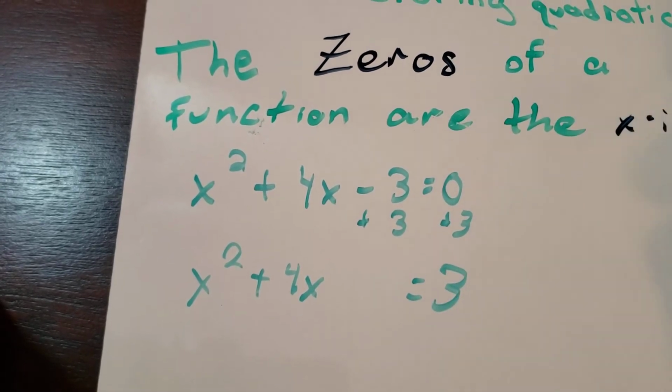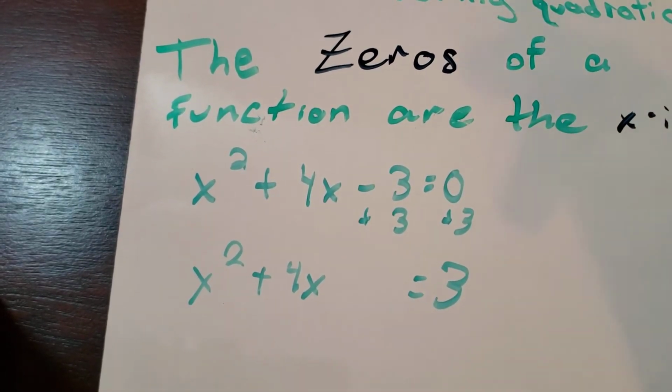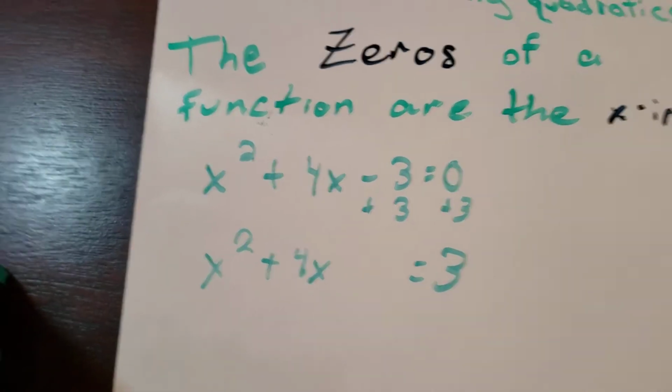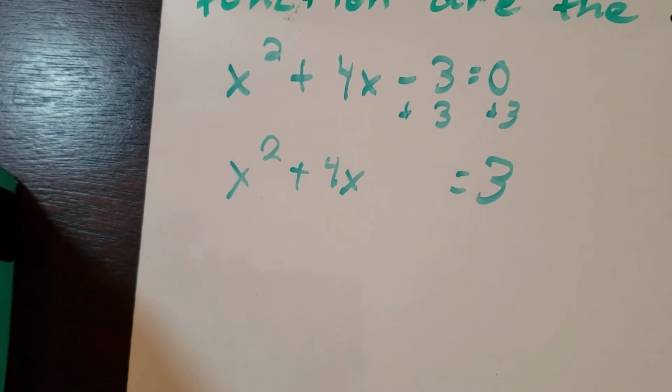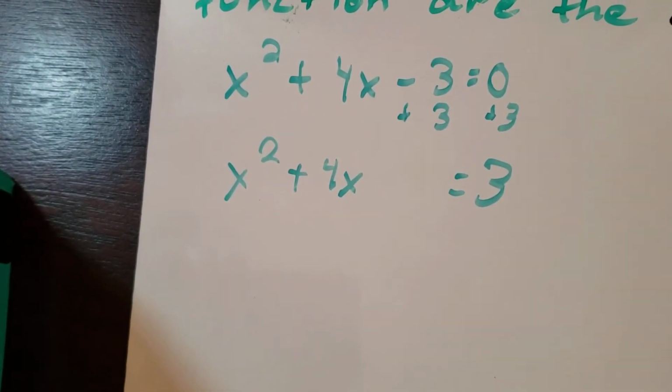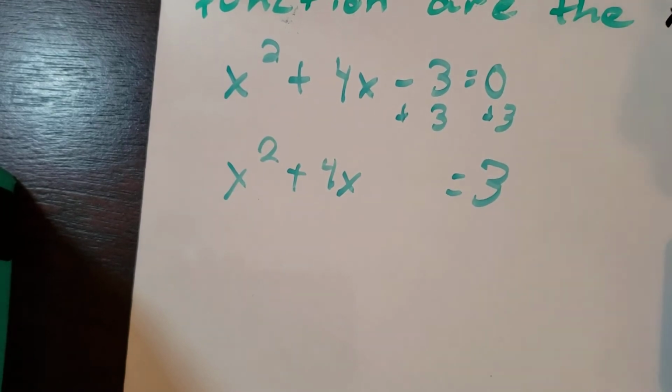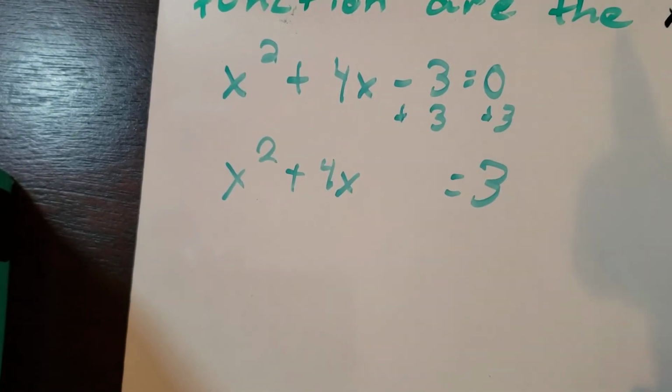I left a big old space for a reason. You'll see just temporarily. Because now I can complete the square. The only difference is I'll need to add the b over 2 squared to both sides of the equation.